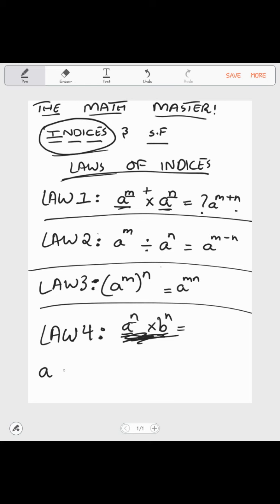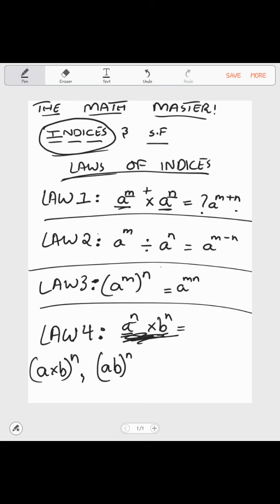First one is (a into b) whole power n. This bracket means that this power is being applied to both a and b. So when you put it in brackets, it's simply (a into b) whole power n. It can also be written like (ab)^n.